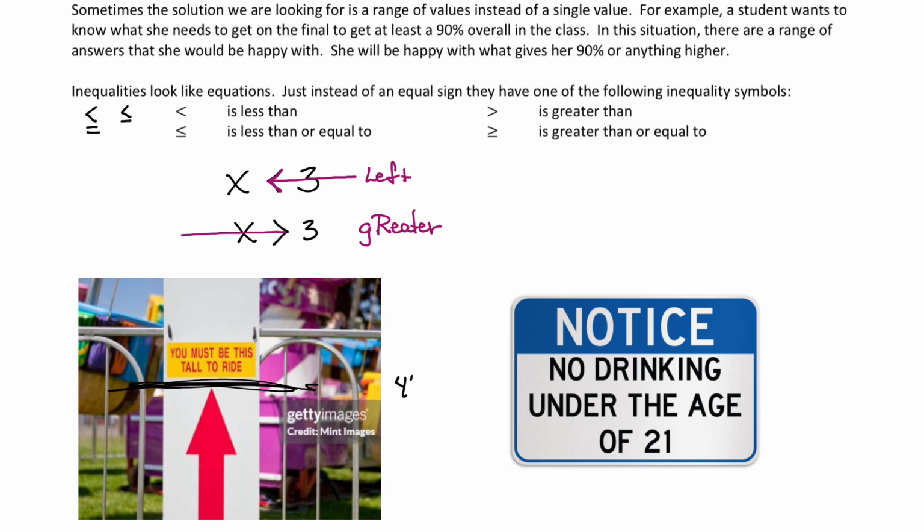That's one way. Another way is if you look at this symbol right here, can you see that if I keep turning it, it's going to look like a capital L for left and for less than.